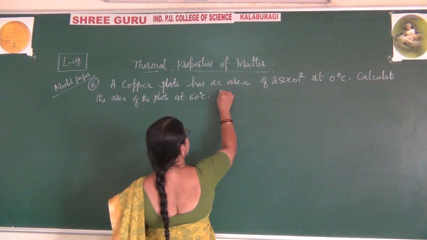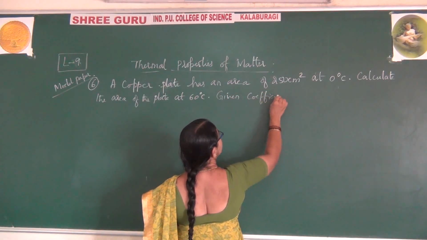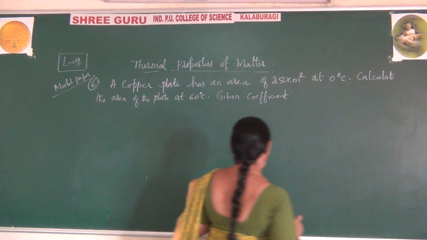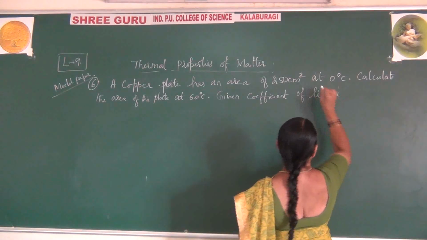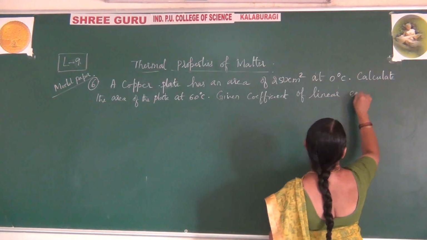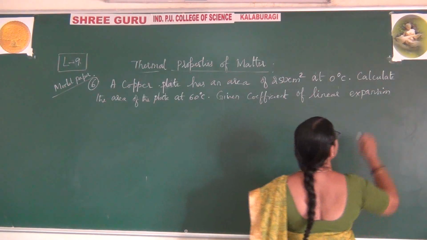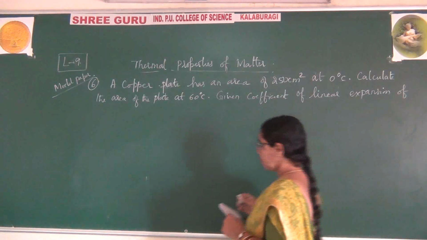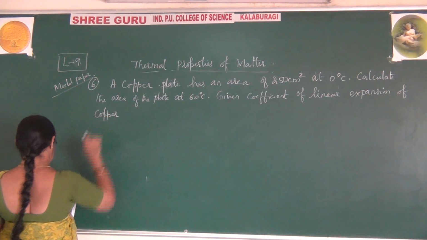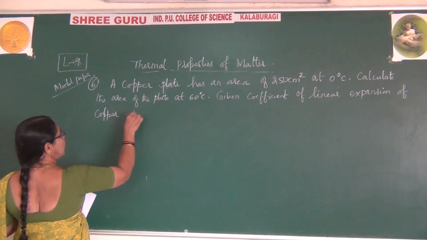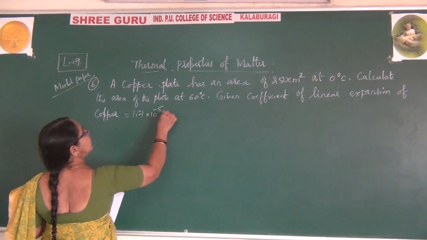Given the coefficient of linear expansion of copper, which is 1.7 into 10 raised to minus 5 per degree centigrade.